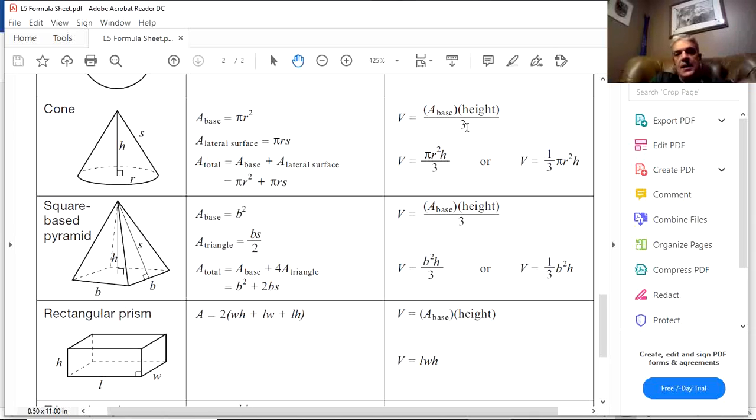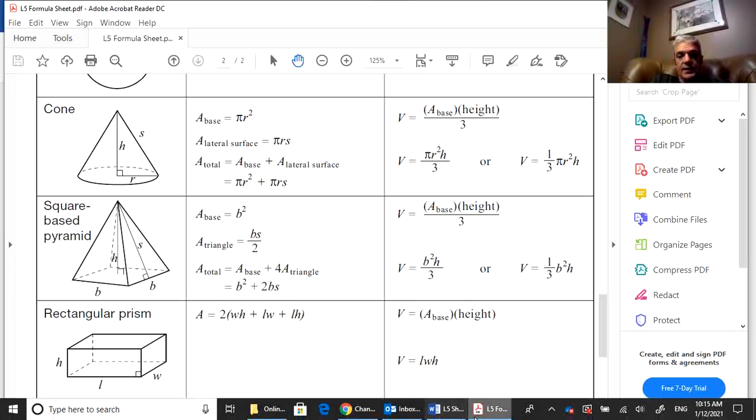But now because we go up into a cone, it actually is only 1/3 of the volume that a cylinder would be for the same length, which is weird. A lot of kids think it's going to be half, but it actually works out to exactly 1/3. So pi r squared times the height divided by 3 is the formula I need.